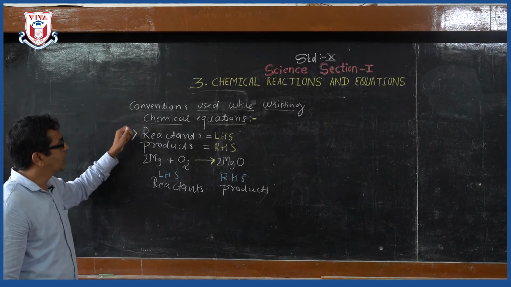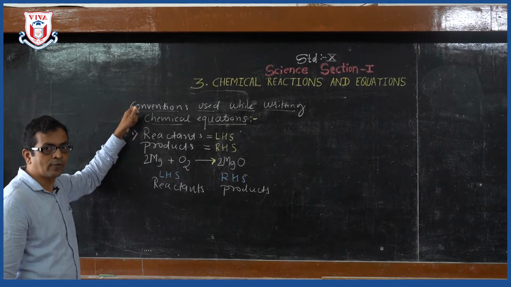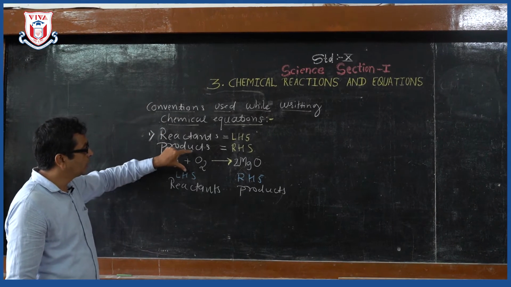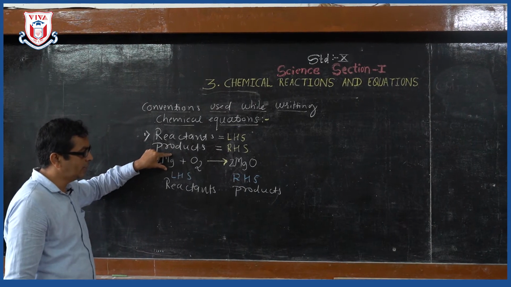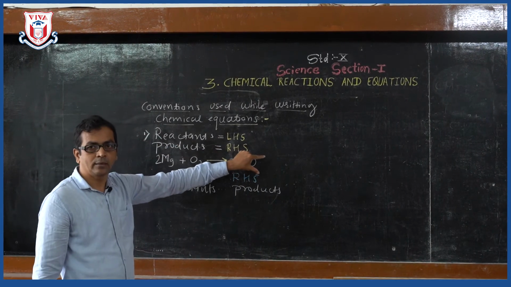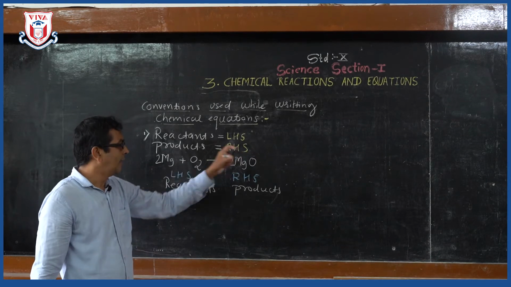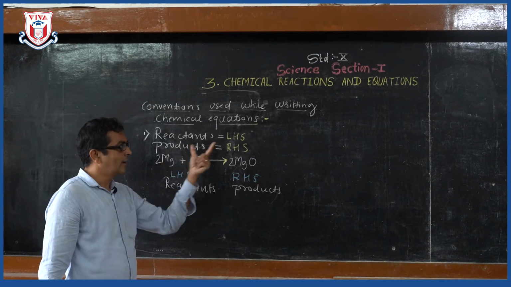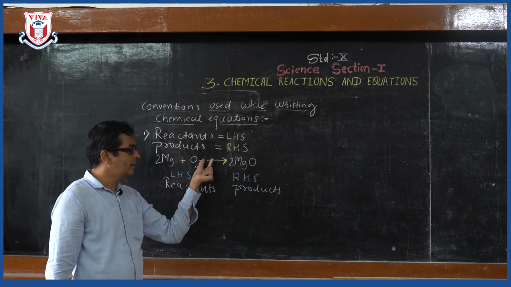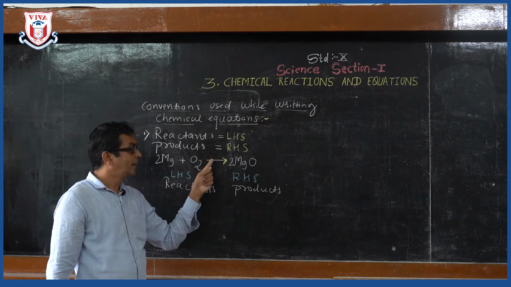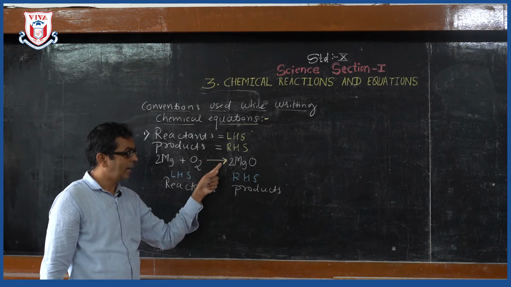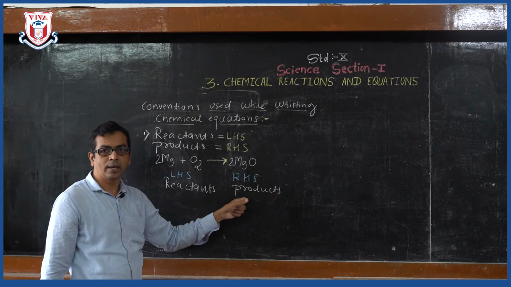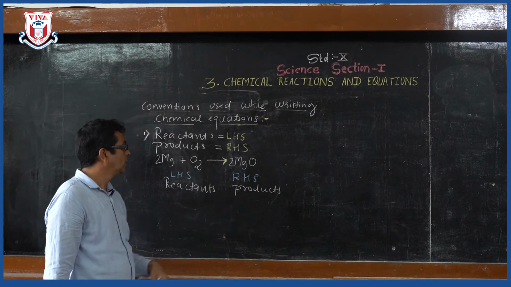So that is our first convention. The first convention is: reactant you have to write left hand side, product you have to write right hand side, and reactant and product are separated by a headed arrow towards the product side.